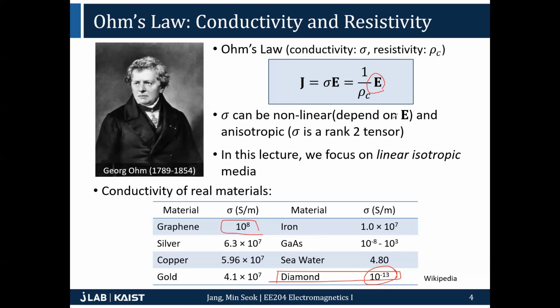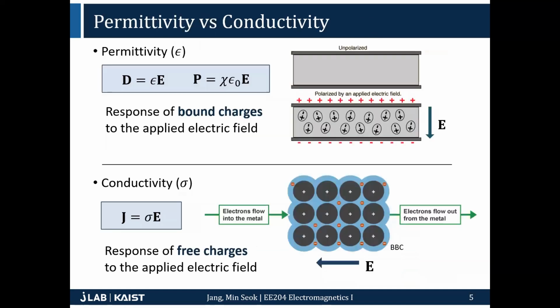And vice versa. So conductor and insulator is just about degree. It's not an absolute thing. There's nothing like no free charge or no bound charge. There only exists degree. And then the relation between permittivity and conductivity becomes more complicated.